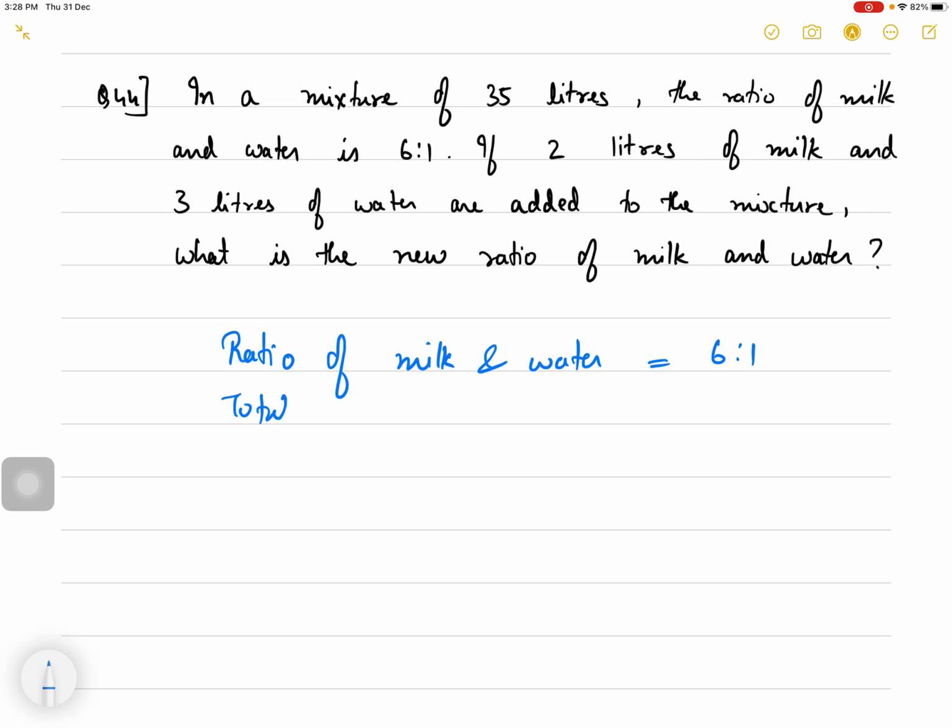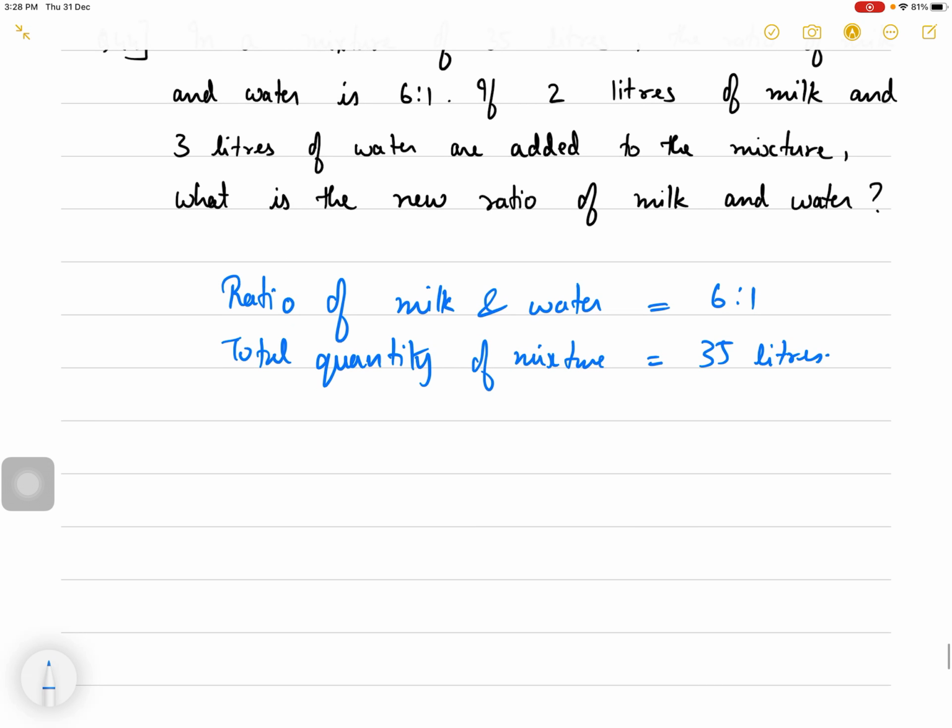So I'll just write down total quantity of mixture is equal to 35 liters. So quantity of milk will be 35 into 6 by 7, right?